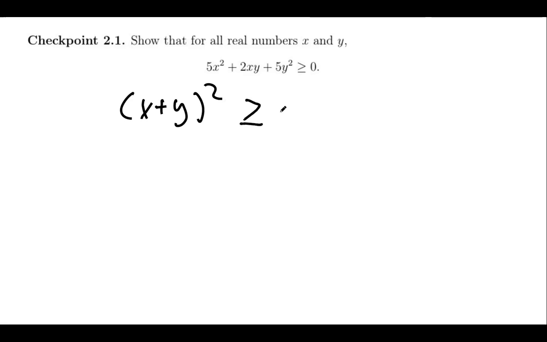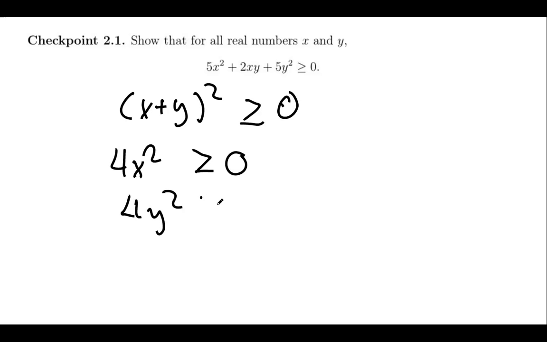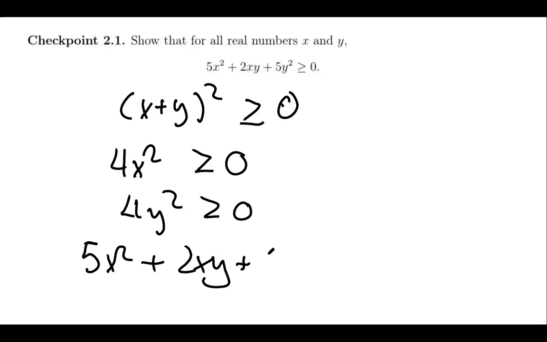And this is obviously a trivial inequality, so this is greater than or equal to 0. And then we also have a 4x squared left, which is greater than or equal to 0, and also 4y squared that's left, and that's also greater than or equal to 0. So if we add everything up, then 5x squared plus 2xy plus 5y squared is greater than or equal to 0.